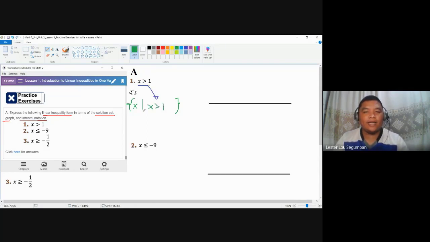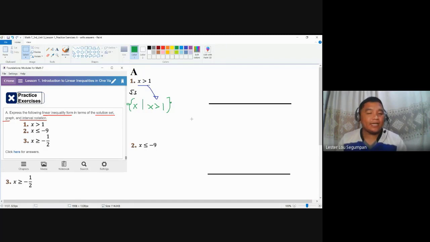Or this can be read as set of x such that x is greater than 1. Again, there can be many ways to write this, but I am encouraging you to do this because this is the easiest way. And by the way, amongst the three, as long as you're sure about the linear inequality form, this is the easiest form of writing the solutions.